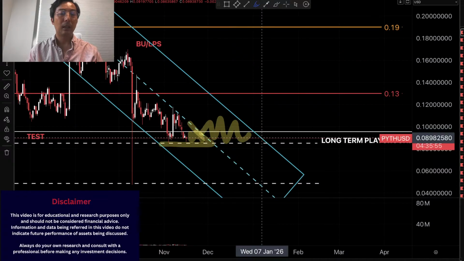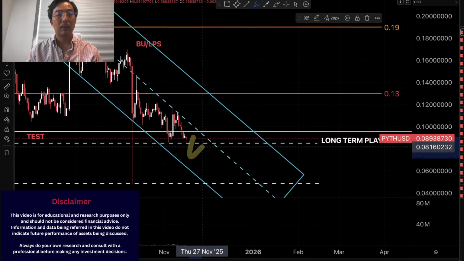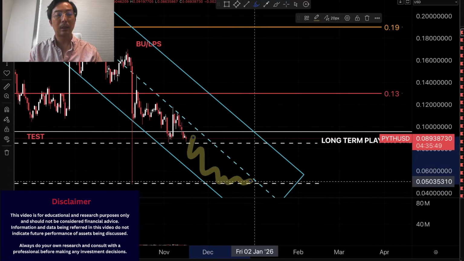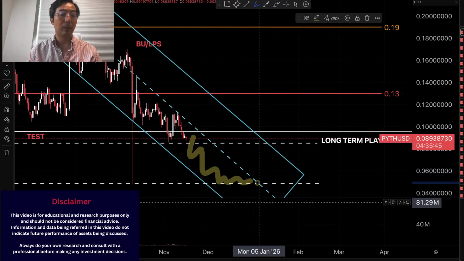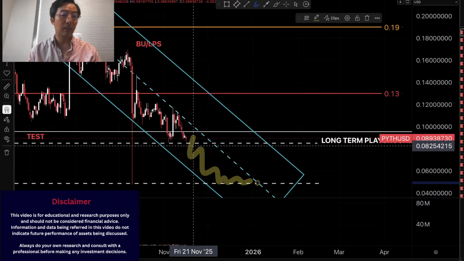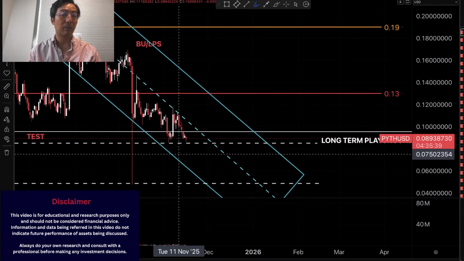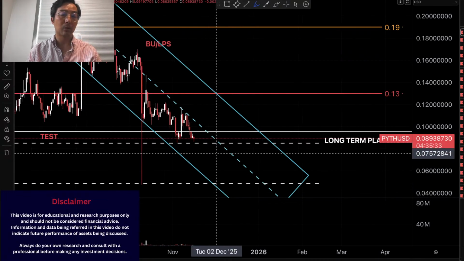Okay? If it still remains on the weak side, then the next time it can happen is also somewhere near the beginning of next year. That has to be a very pessimistic scenario, because that was what the October 10th drop has shown us, where Pyth can get to.